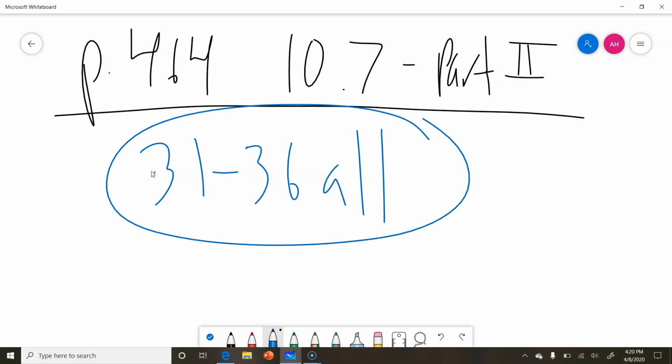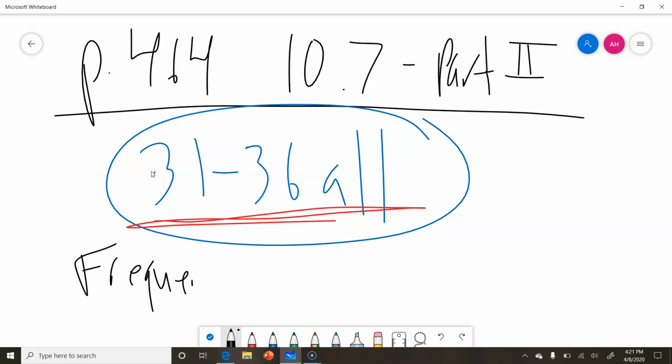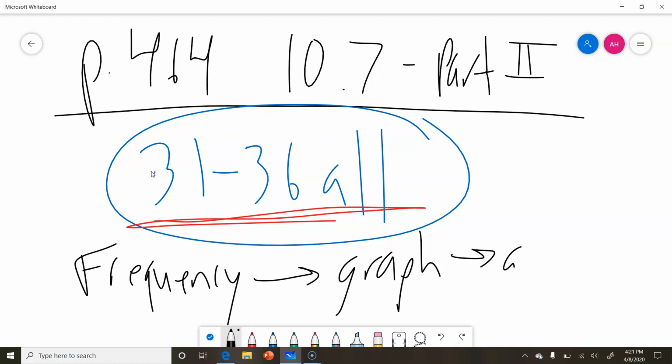Just 6 problems total. Go ahead and do that. It's just drawing one histogram and answering some questions about it. So if you follow this example through, you will be able to do the exact same thing on yours. The first step is to make the frequency chart, then to graph, and then to answer questions. So there you go. That is all that you have.